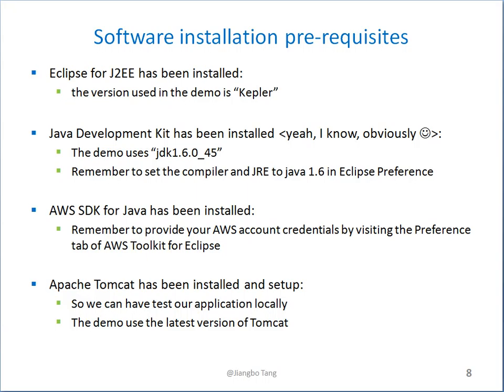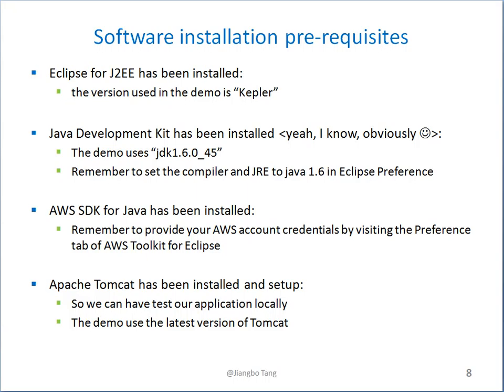Next I'm going to talk about the software installation prerequisites before you can follow the demo, which I'll be showing you shortly. I presume that you have installed Eclipse. The version I use in the demo is Kepler, which I think is the latest version right now. I also assume that the Java Development Kit has been installed.